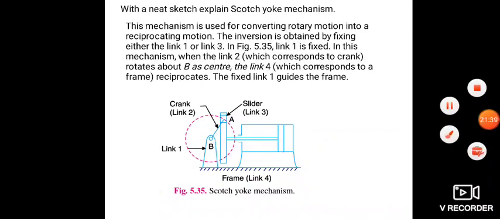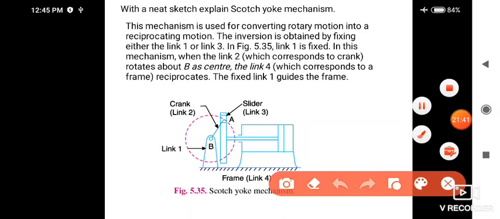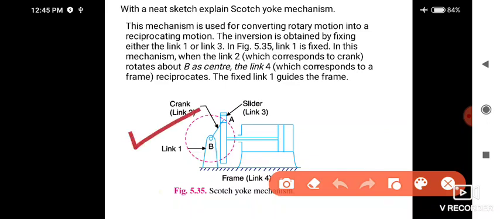So with all aspects of this, the mechanism is used for converting a rotary motion into a reciprocating motion. The main intention is to get a reciprocating motion through this rotary motion from the Scotch yoke mechanism. So here what happens, the inversion is obtained by fixing either the link 1 or 3. 1 or 3 is to be fixed, okay.